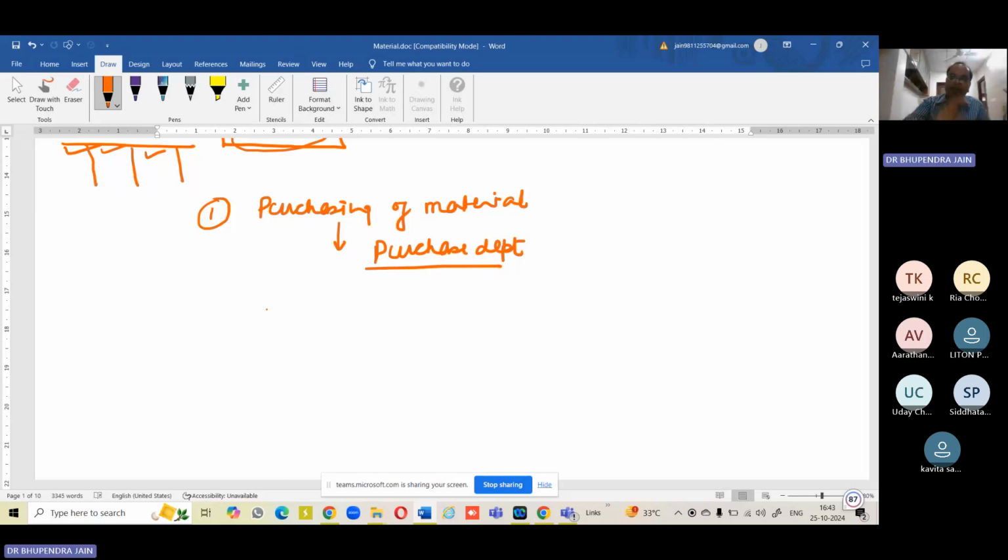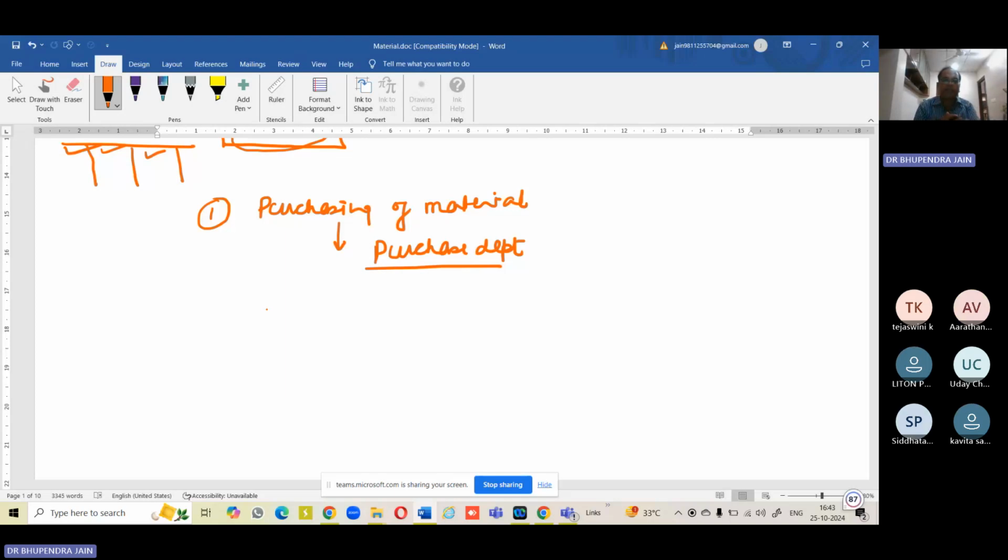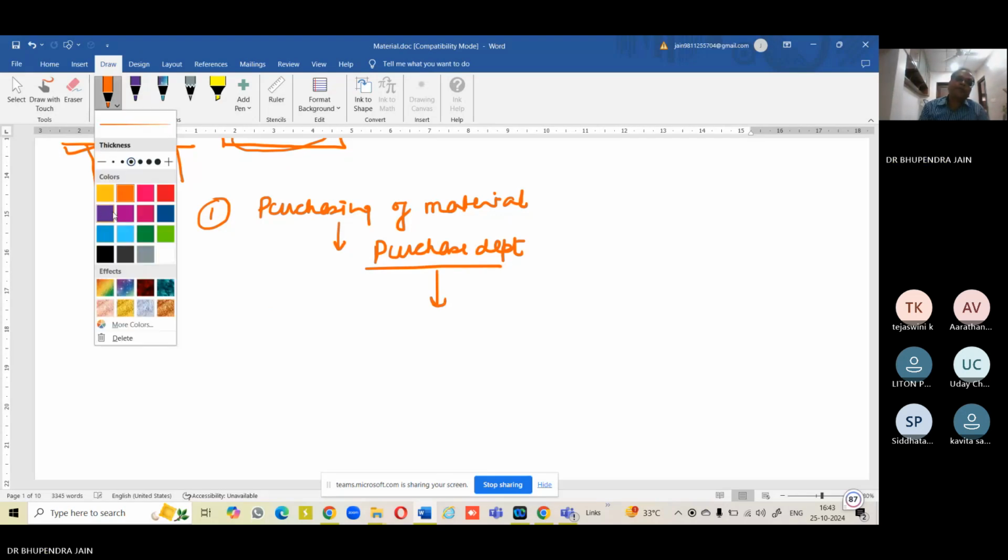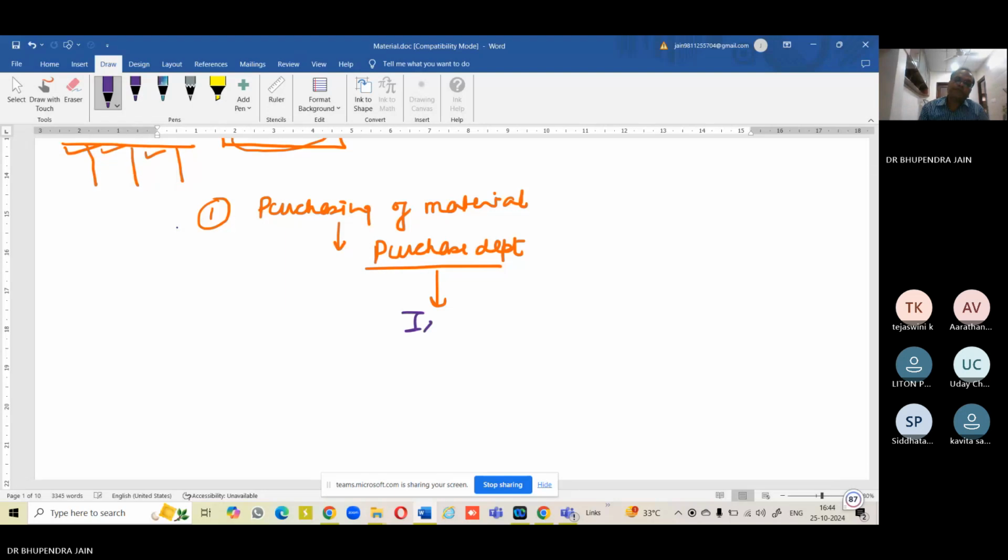That means a storekeeper informs the purchase department that we have less quantity and now we need a new quantity, so the purchase department starts the procedure to purchase the raw material. Now, what will the purchase department do to purchase the material? Now the purchase department issues a tender.